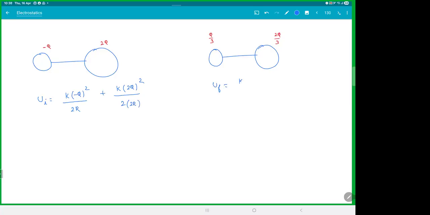U final is K(Q by 3) squared by 2R, plus K(2Q by 3) squared by 2 times 2R. That's your self-energy. The heat produced will be the initial energy minus final energy. The difference is the heat produced.